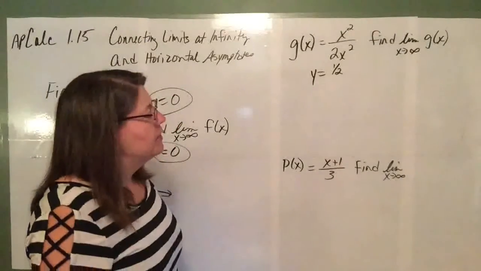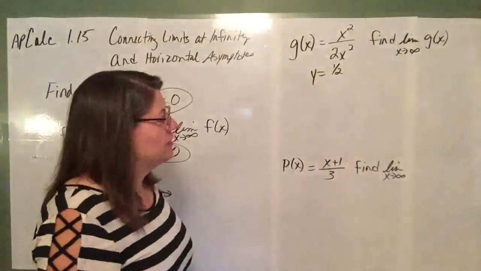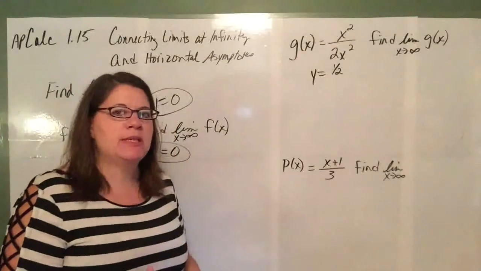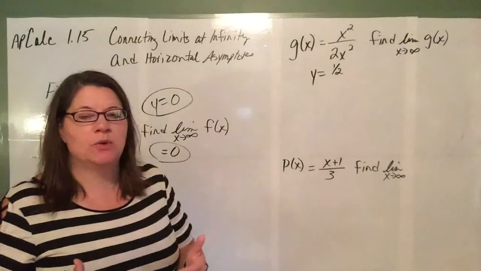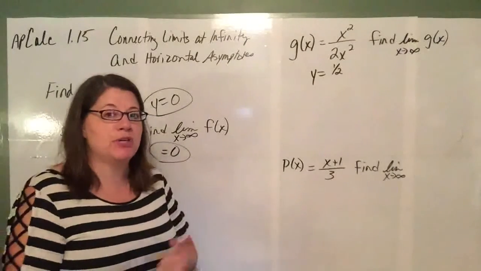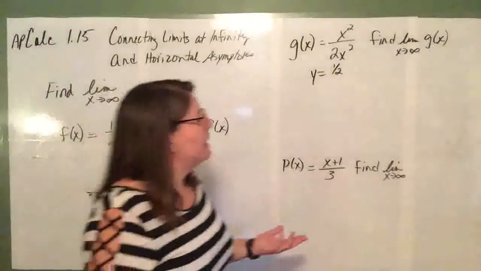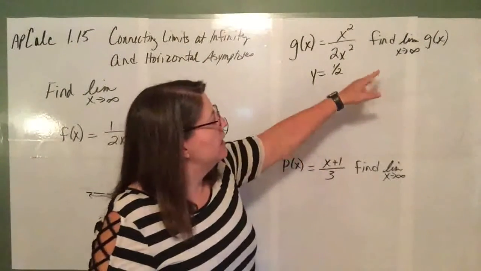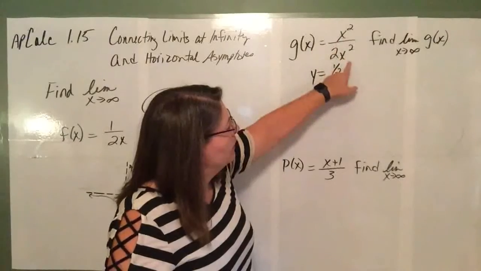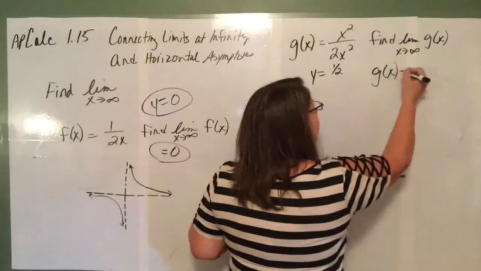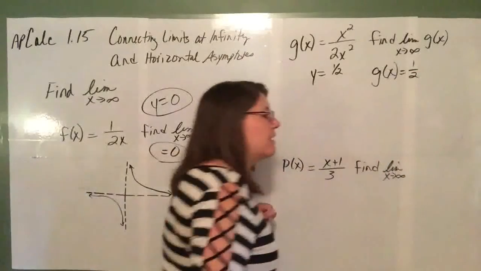But we're going to have other options as well. If you think about it, when we first started doing limits, we said that the easiest way to do a limit was to plug the number that x is approaching into the function. Well, we're still allowed to do that here. If we plug infinity in, we would have infinity over infinity. Isn't that really the same thing as g of x equals 1/2?